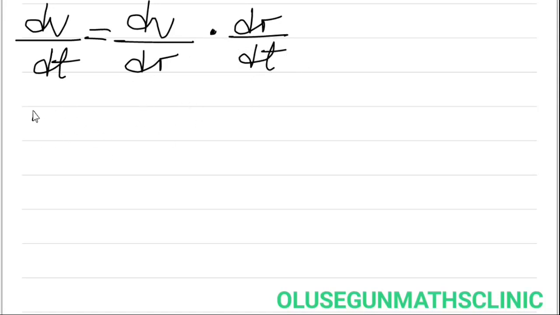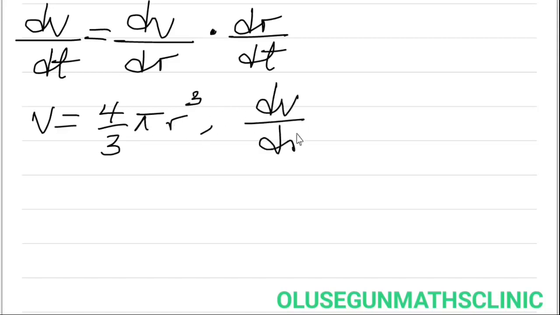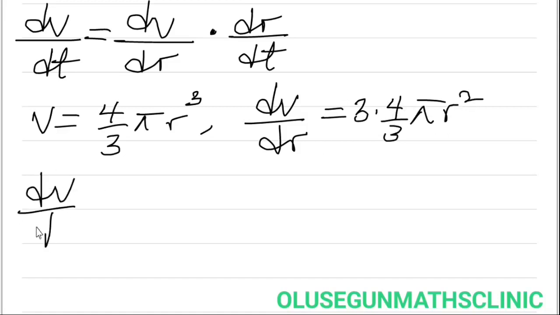Since we know that the volume of a sphere is 4/3 pi r cube, the dV/dR will be 3 times 4/3 pi r square. So the dV/dR is equal to, we cancel this, it will give you 4 pi r square.